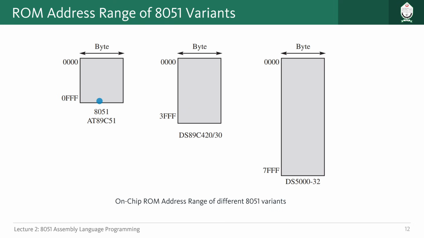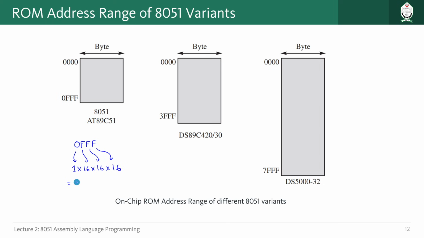To do that, for 0FFF, the 0 basically means this is the last address. That means for this particular location we can only have one possibility, 0, right? Then for this F we can have 16 different possibilities, so multiplied with 16. Similarly for all of these we can say 16.